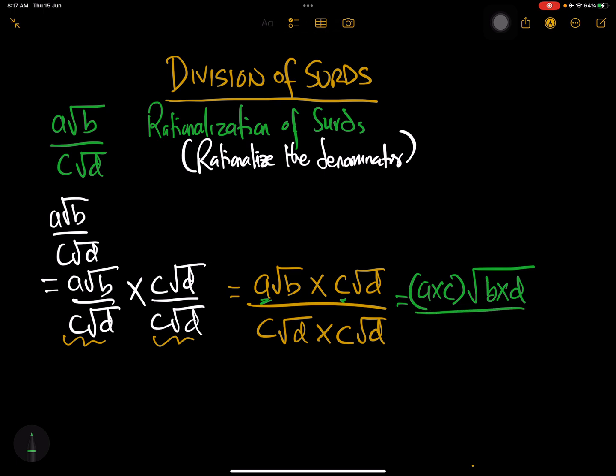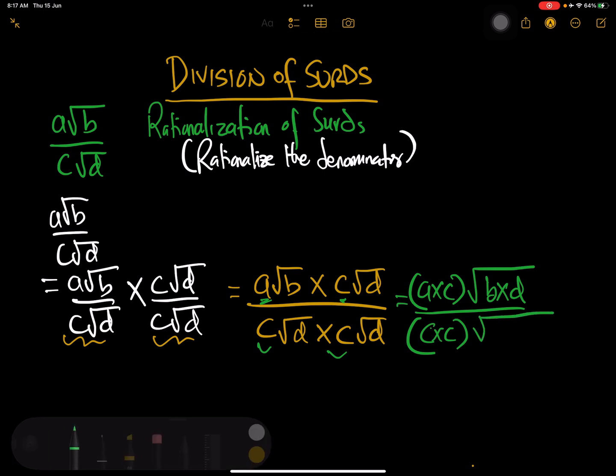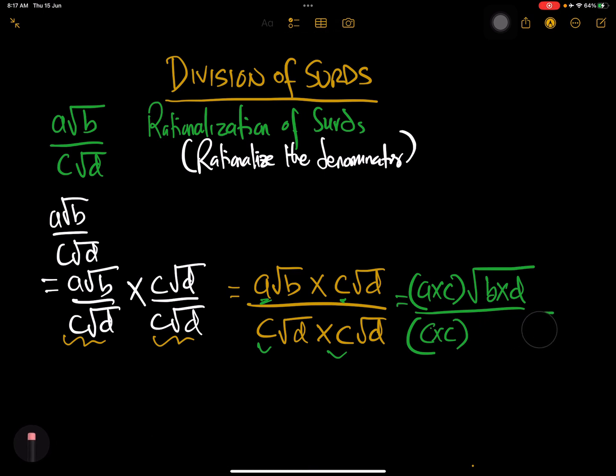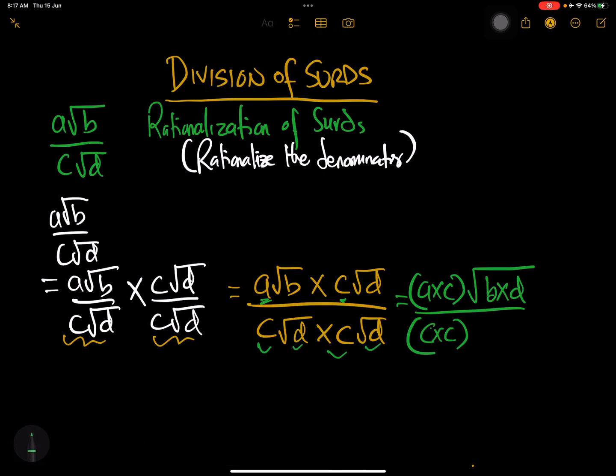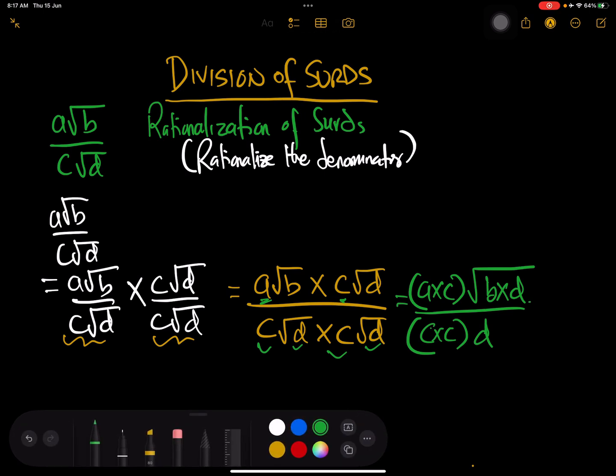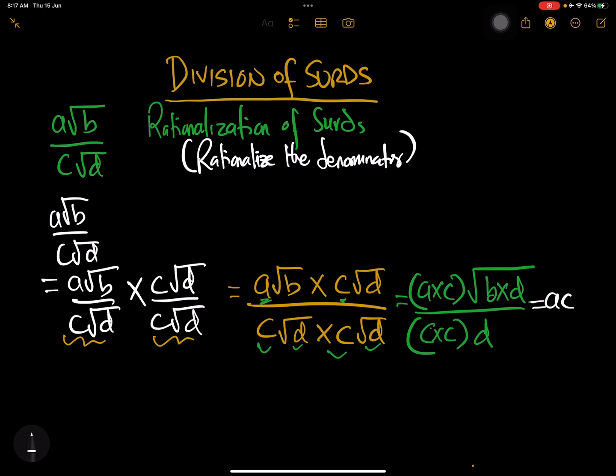Then we divide it by c times c, and we're not going to bring in a square root, because the square root of d and square root of d are the same, so we just introduce the d. The top part is going to be ac square root of bd divided by c squared d. Why c squared? Remember, c times c: the index is 1 here and 1 here, and the bases are the same.